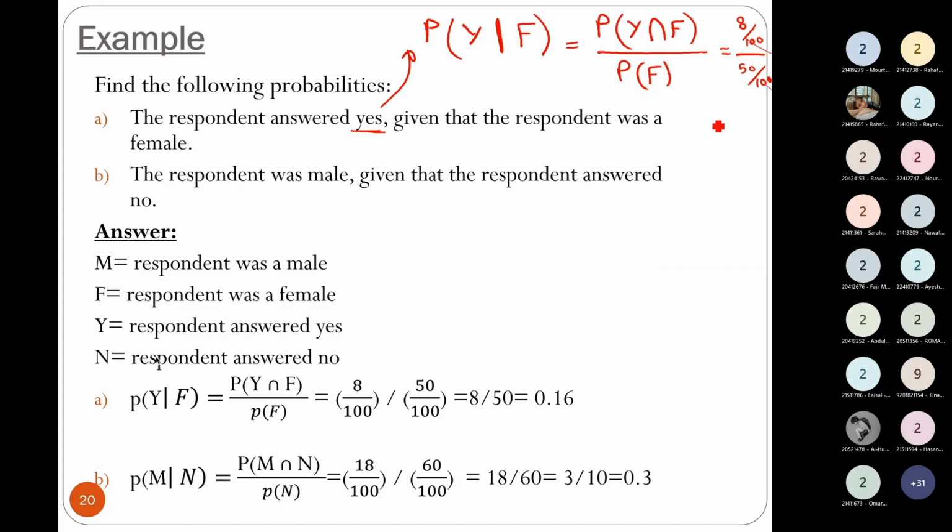Cancel 100 with 100, so we have 8 over 50. That equals 4 over 25, or 16%.